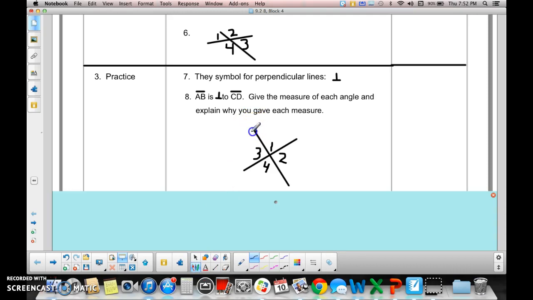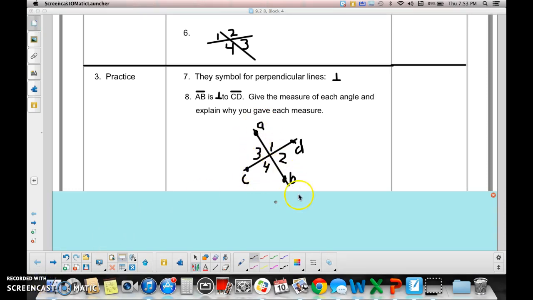This is going to be A. This is going to be B. Sorry, I forgot to make these. Therefore, this whole thing right here is line segment AB. Okay, so now we have line segment AB. We have line segment CD. So it says line segment AB is perpendicular, upside down T, to line segment CD.